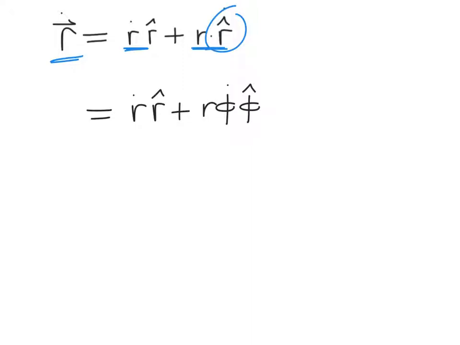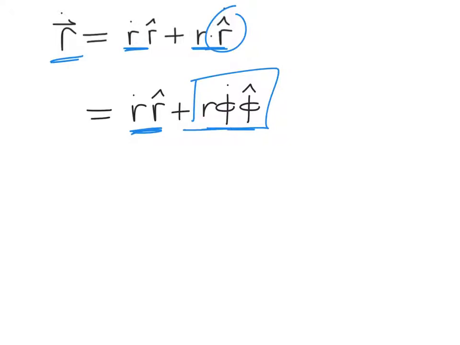So our velocity vector has two components. One of the components points along the radial direction. That makes sense. That's just the radial velocity. Then the other component points orthogonal to the radial velocity. This is going to be the tangential velocity, the angular velocity.